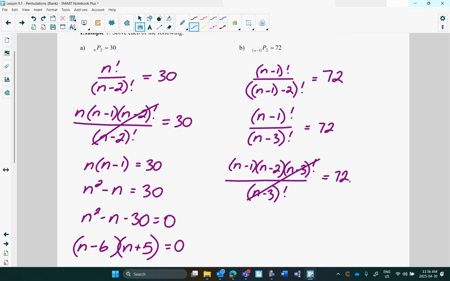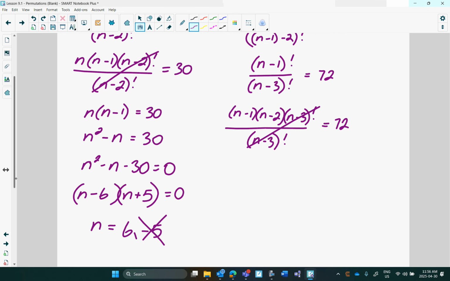Notice when I get rid of the parentheses on the left here, I'm going to get a quadratic again. 4 multiplications. N squared minus 2n minus n plus 2 equals 72. That's nice.